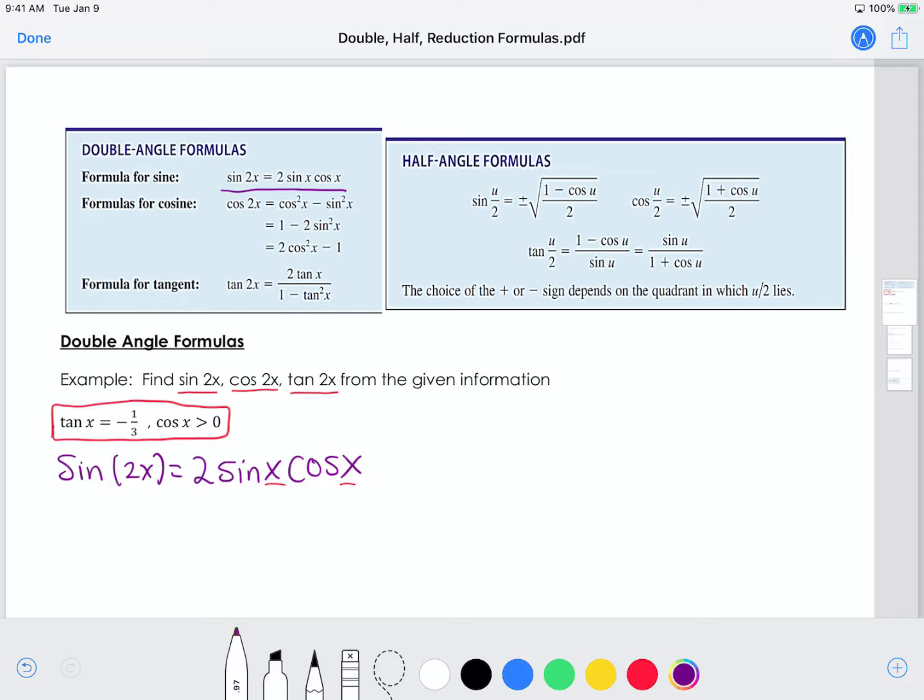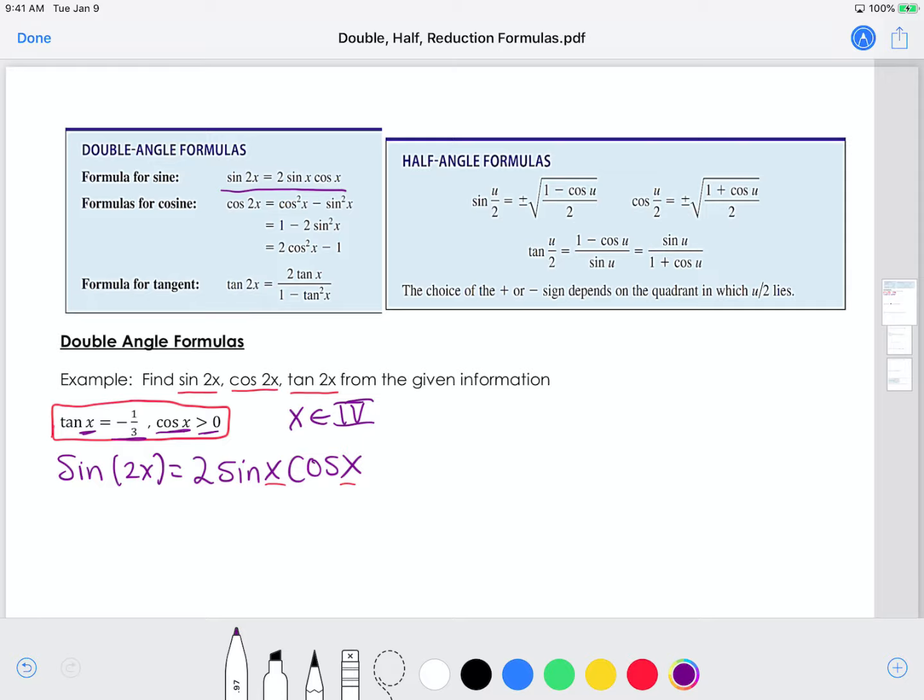So I need to know what quadrant angle x is in. Given the information that we have here, the tangent of angle x is negative, and the cosine of angle x is positive, so that tells me that angle x has got to be in quadrant 4.